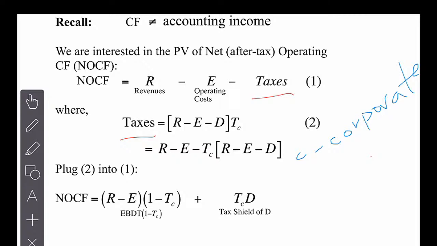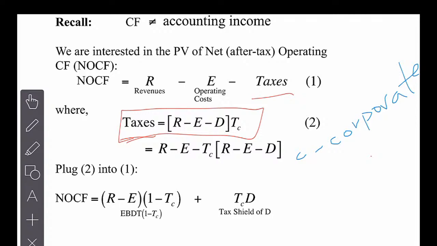Okay, so this is like an aside, and then I go back to my formula here. Revenue minus expenses minus taxes, now that I write it like this.